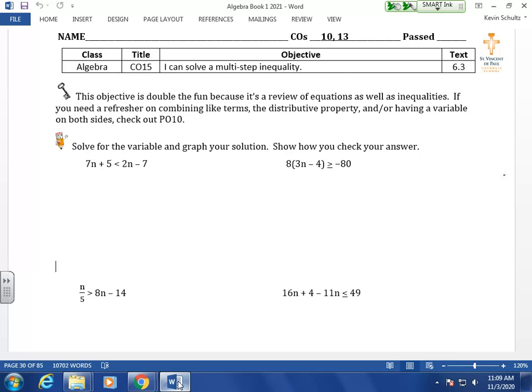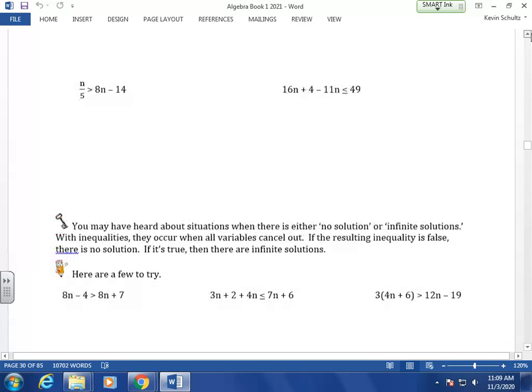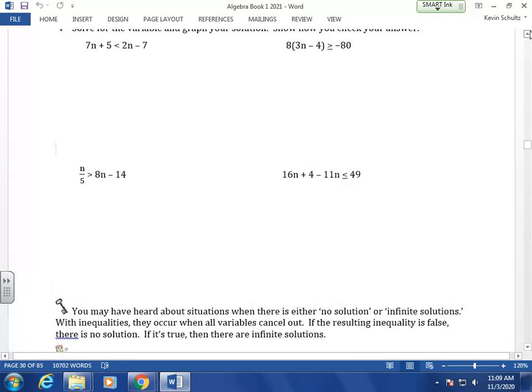Looking at the answers on this first section, which two did we do together? The two on the left? Okay. So the two on the right, that 8 times 3n minus 4, we need to distribute there. That gives us 24n minus 32 is greater than or equal to negative 80.